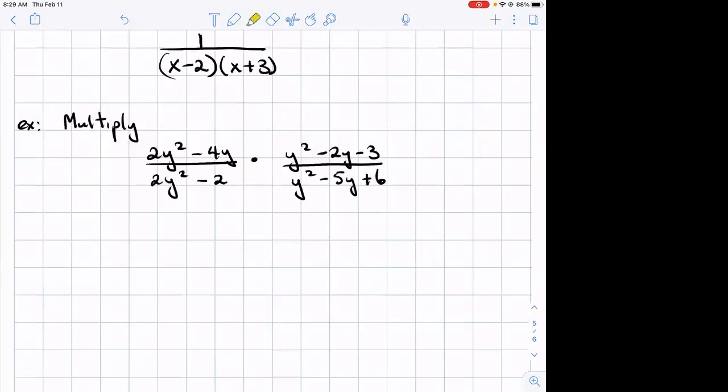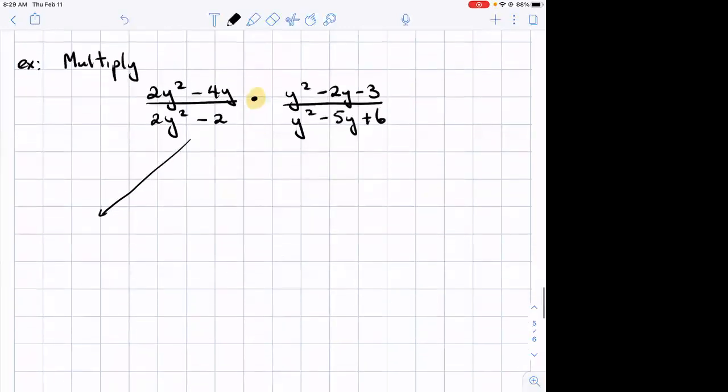Now always check to see what sign that is. It is multiplication, so we don't have to do anything other than simplify. I'll use the same idea as before. We want to factor the top, and then we want to factor the bottom, and that's for the left side.